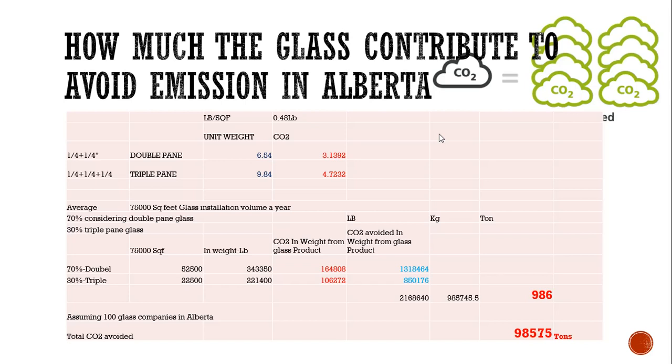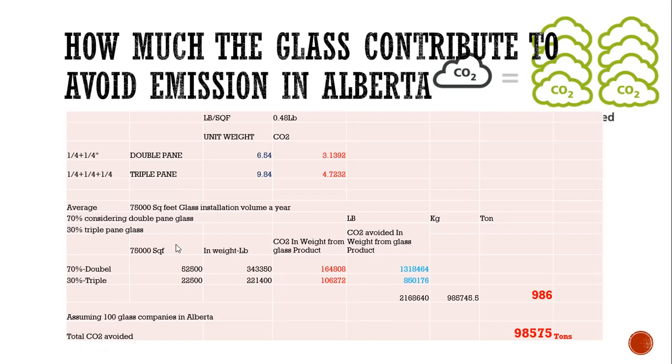So it means if we use 1 pound of glass with low E, we can avoid 8 pounds of carbon released to the air. We save that.